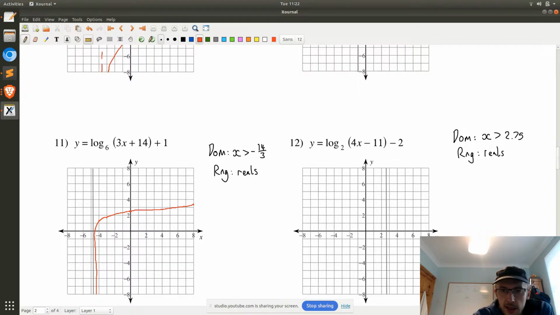Input 8 to get the extreme value. 32 take 11 is 21, log base 2 of 21. And then take away 2, so 2.39. So there-ish, turn off the ruler. 2.39, there-ish.